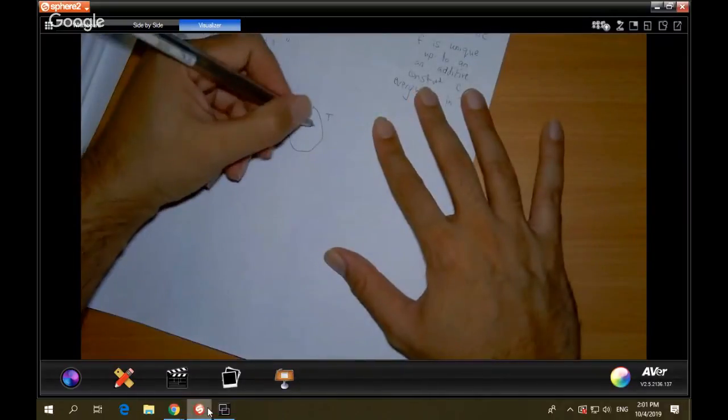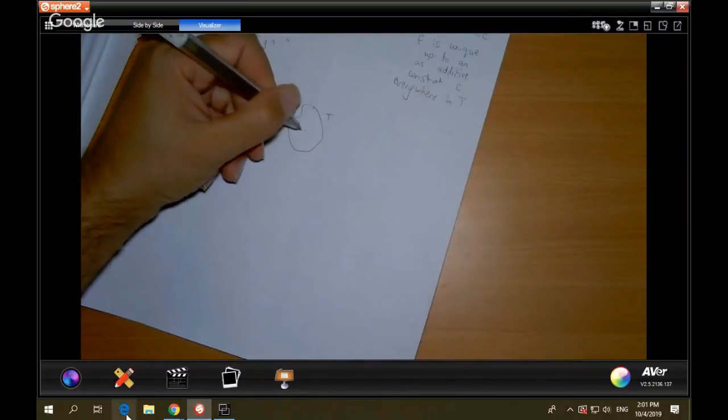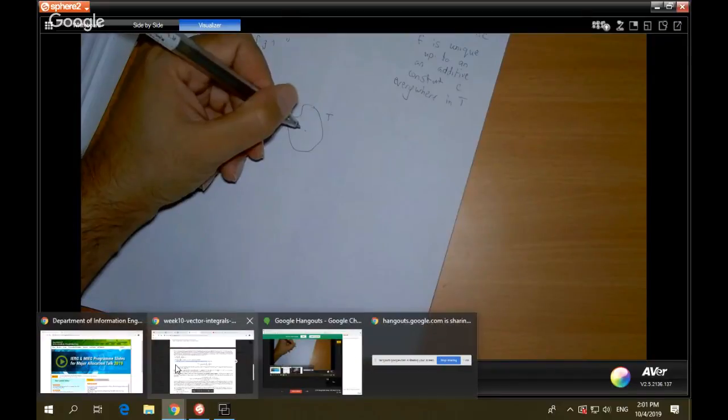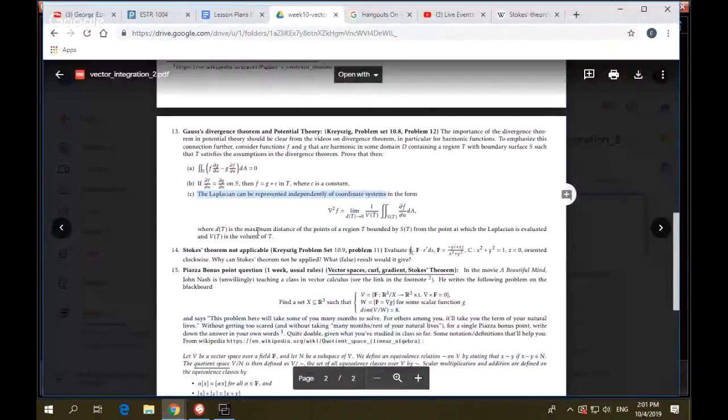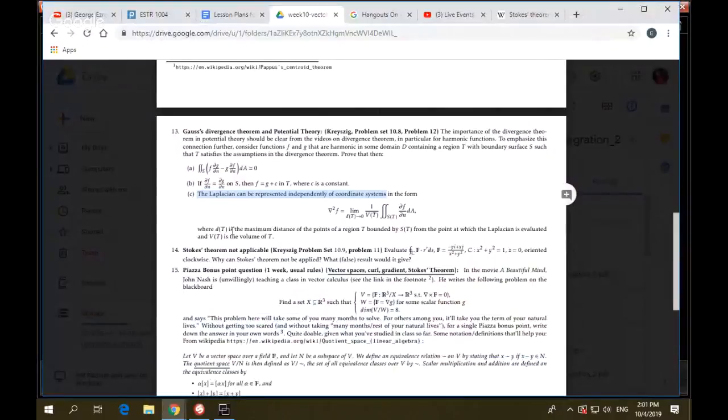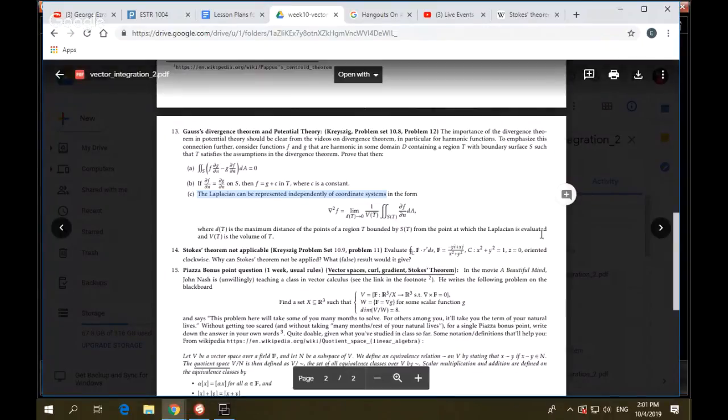Now dT is going to be, let's see how dT is defined. So dT in the question is defined as the maximum distance of the points in the region T bounded by S_T from the point at which the Laplacian is evaluated.